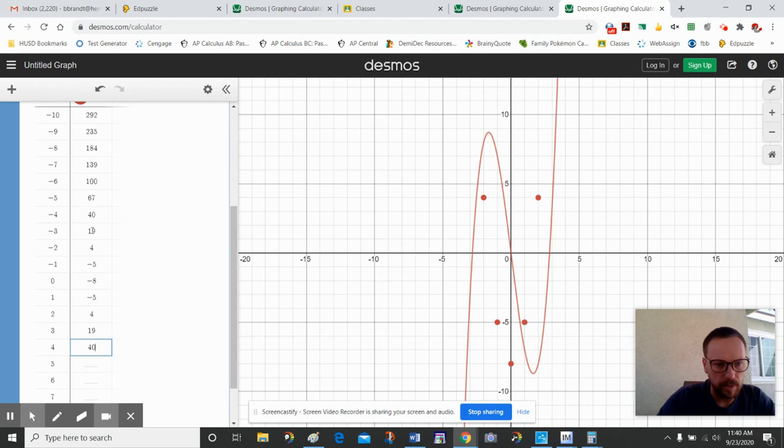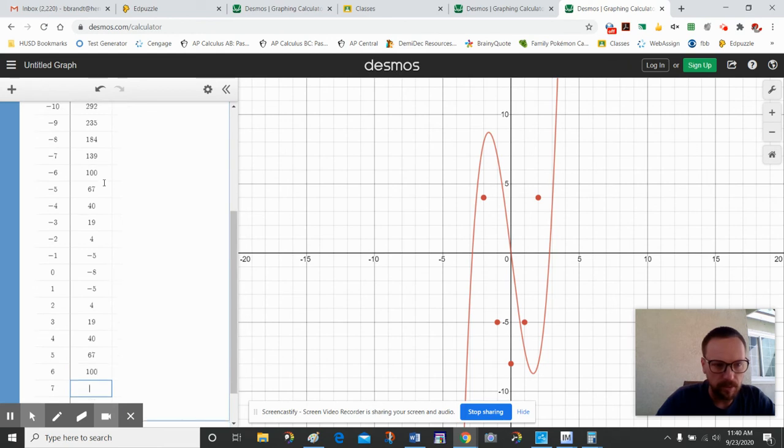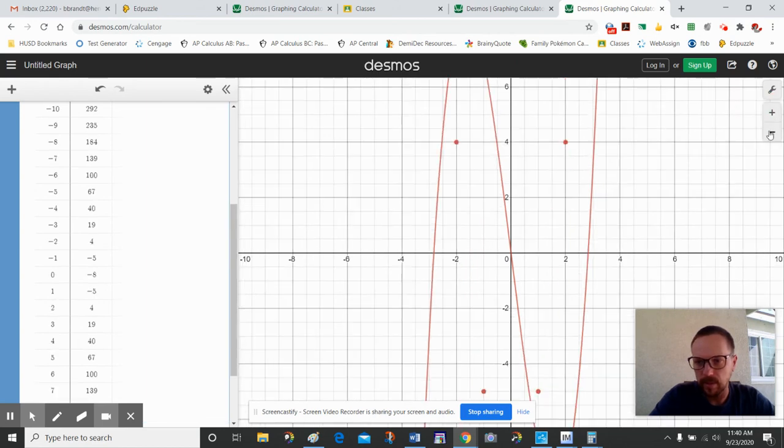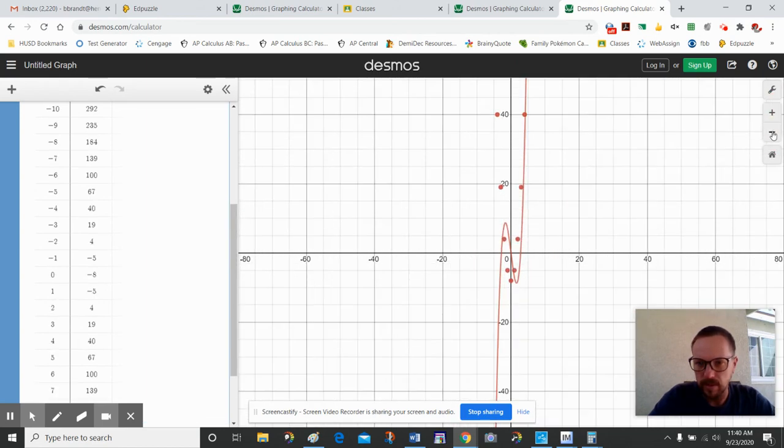40 to match up with that one, 67 to match up with that one, 100 to match up with that one, 139 to match up with that one, 184. Anyways, now we zoom out, and you can see what these points make compared to that.